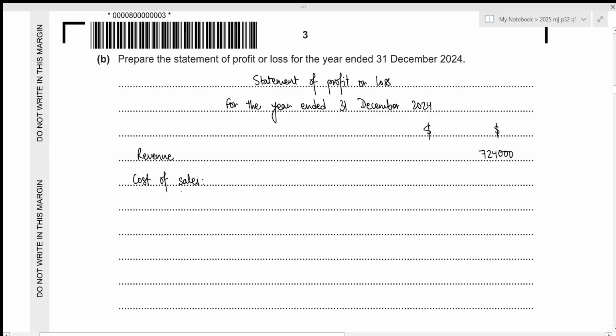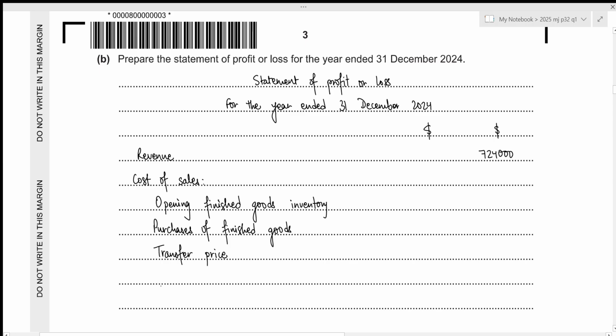So the cost of sales will include our opening finished goods inventory, then we also have some purchases of finished goods, and for those goods that are manufactured by our own factory, we need to include the transfer price, which we calculated from the manufacturing account.